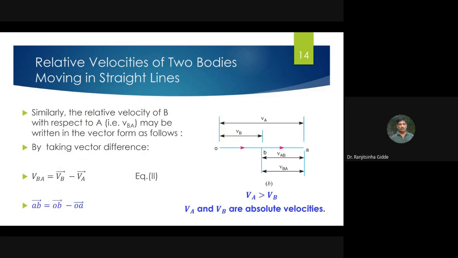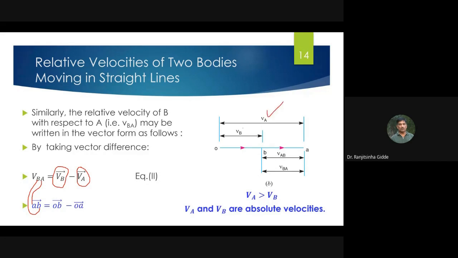Okay, so write down vector AB. Here, A first and B after. Now in this case, pay attention. VB, this magnitude is less as compared to this.